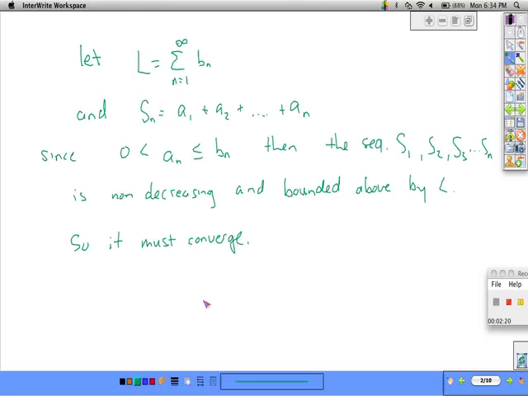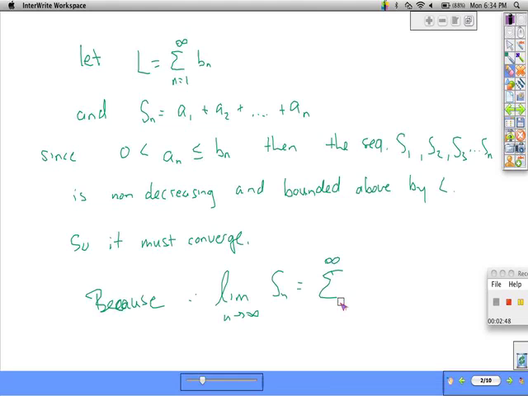It's non-decreasing and bounded. We have a theorem that says that it has to converge. And because the limit as n goes to infinity of S sub n equals our series, our series must converge.